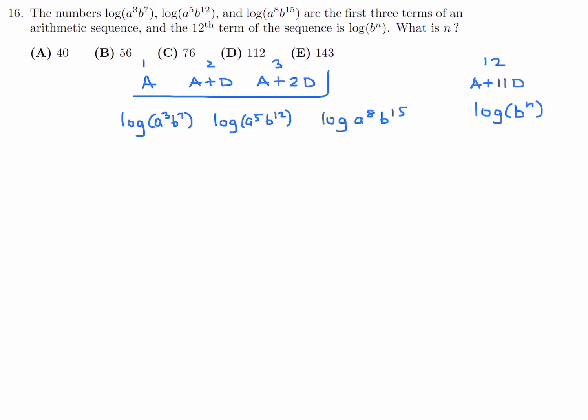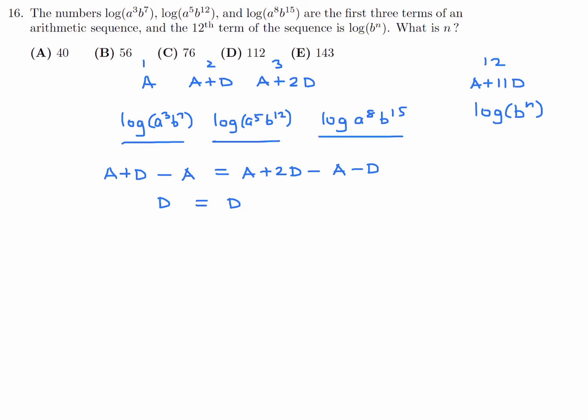Well, the fact that they're an arithmetic sequence helps us, because in an arithmetic sequence, if you take the second term, a plus d, subtract from it the first term, it will be the same as if you took the third term and subtracted from it the second term. Because watch, you get d on this side, and you get d on that side. So we're going to do the same thing with these 3 guys.